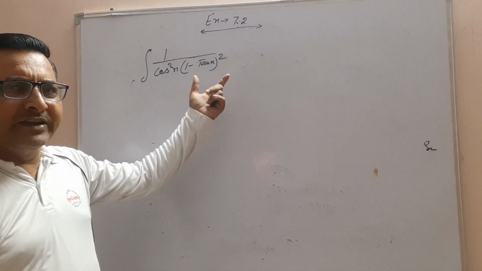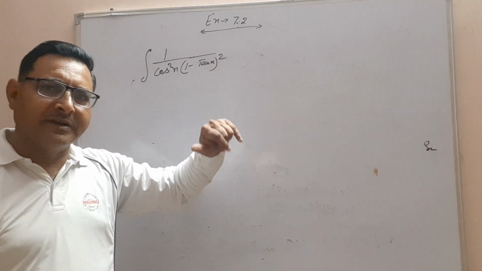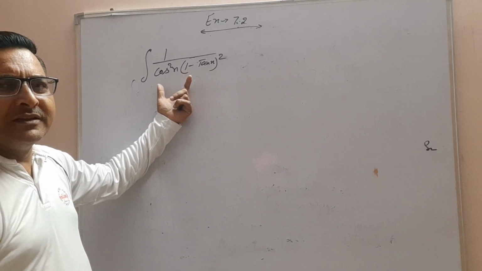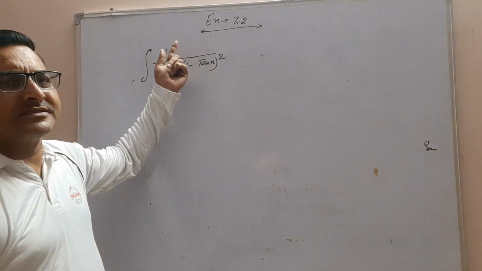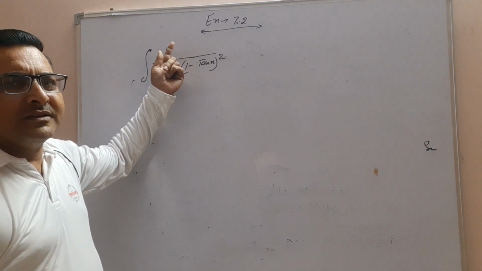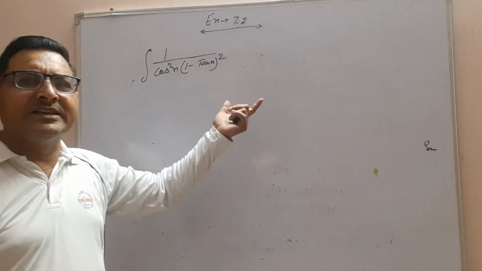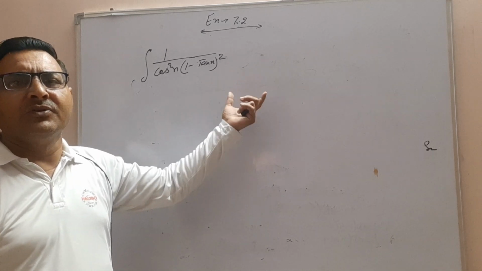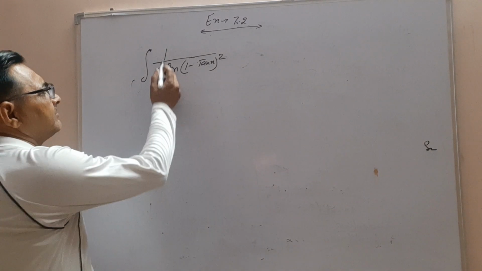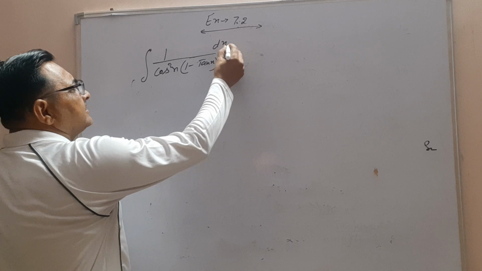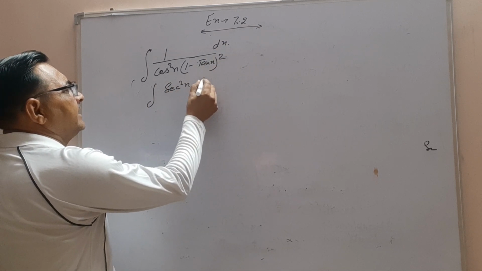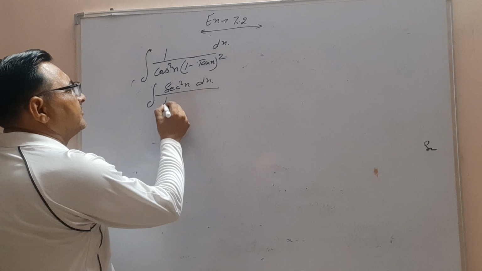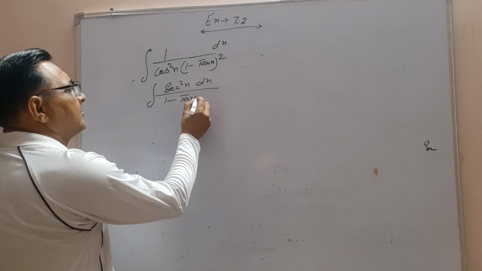So the derivative of 10x is secant square x, but there is cos square x. But we know 1 upon cos square is secant square x, because cos is the reciprocal of secant and secant is the reciprocal of cos. So if there is 1 by cos square x, we can write it as secant square x dx upon 1 minus 10x whole square.